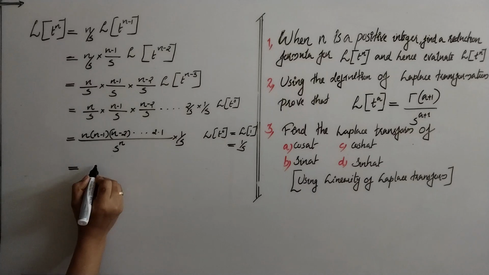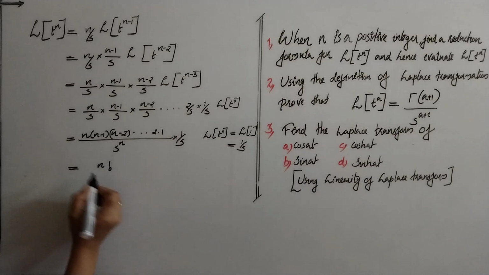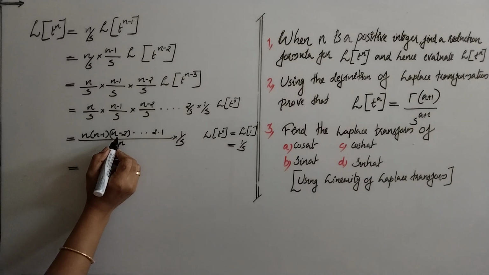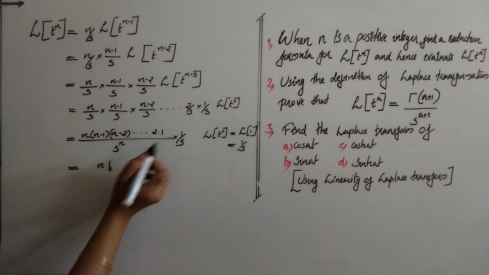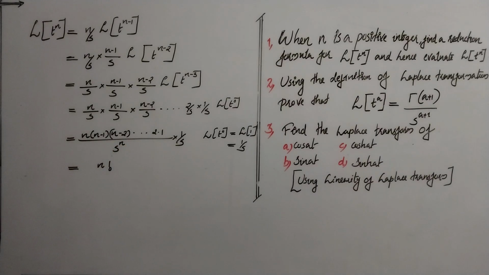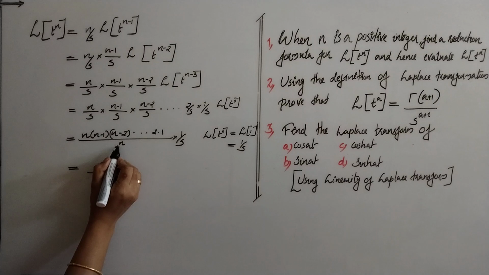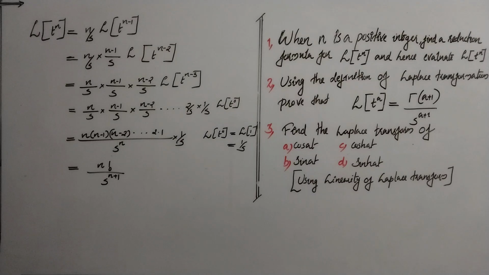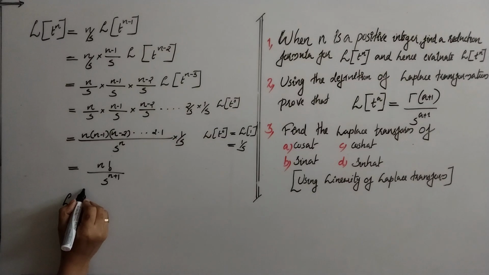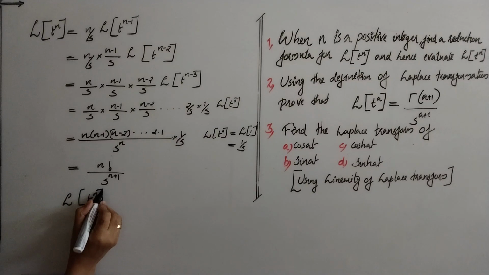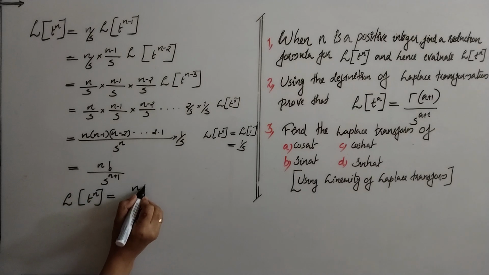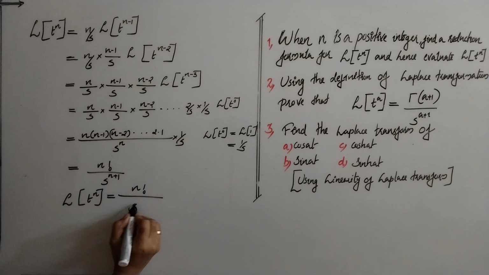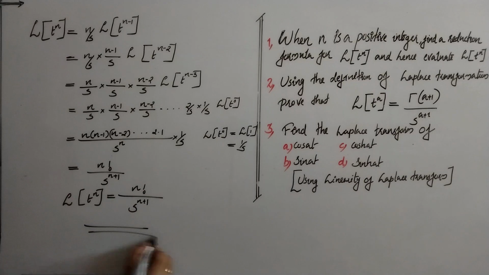So we get n factorial, n into n minus 1 into n minus 2, etc., 2 into 1, divided by s raised to n into one more s, that is s raised to n plus 1. So Laplace transform of t raised to n is equal to n factorial divided by s raised to n plus 1.